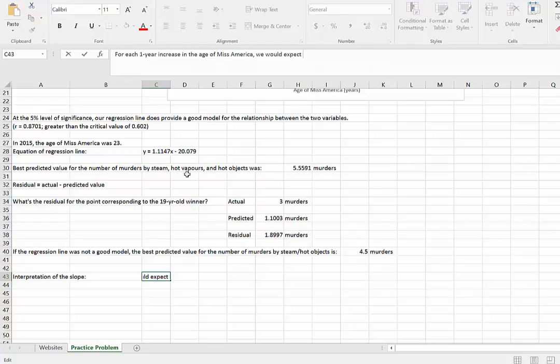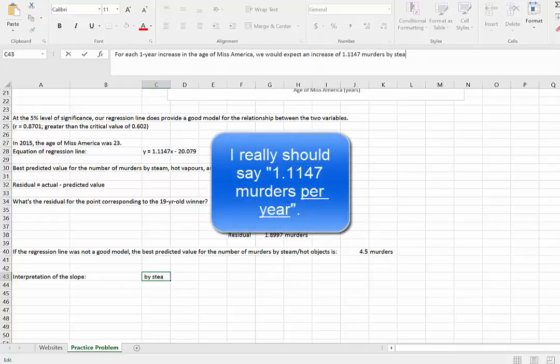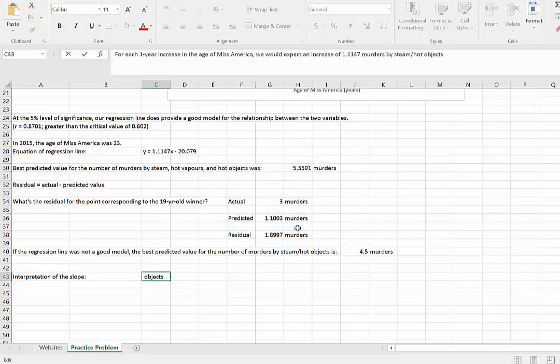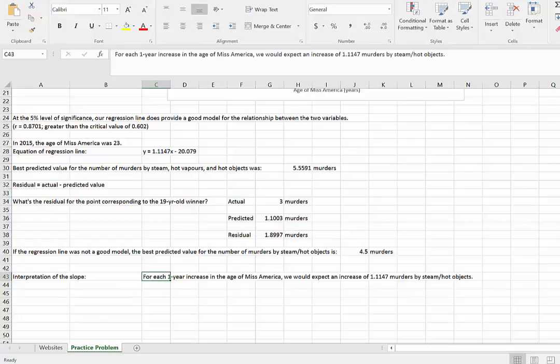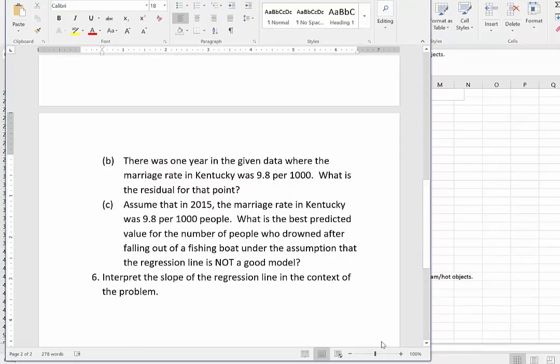So if it's positive slope, I'm going to expect an increase in the Y value, but if your slope were negative, you would expect a decrease in your Y value. And the increase is just whatever the number of the slope is. So we would expect an increase of 1.1147 murders by steam or hot objects. Okay, and that is it, I believe.